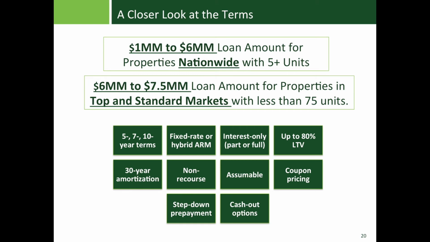Our coupon pricing reflects this idea that our borrower is probably a little bit closer to a single-family borrower and doesn't need or want to deal with spread over rates and the jumping around you have to do to understand that. So with coupon pricing, here is your number, that is your rate at the end of the day.